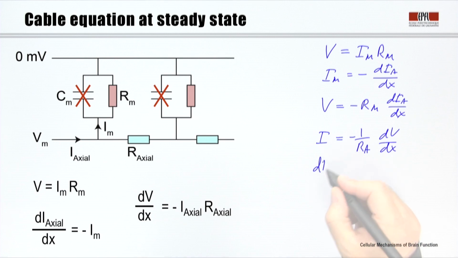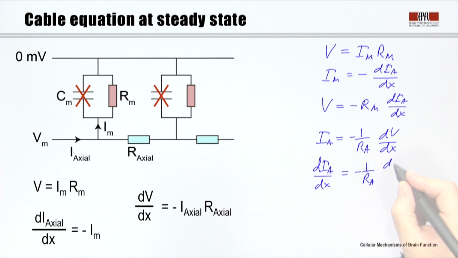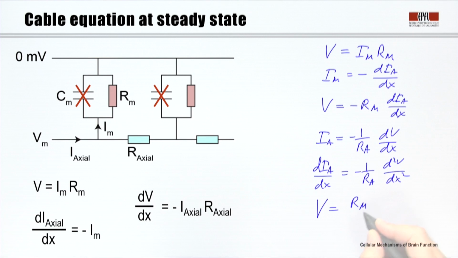Differentiating this one more time gives us the second derivative here with respect to space. We can then put this equation in here, and finally we solve for voltage as being the ratio of the membrane resistance to the axial resistance times the second derivative with respect to space.